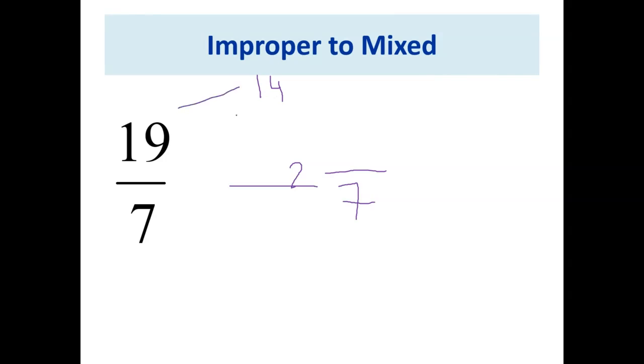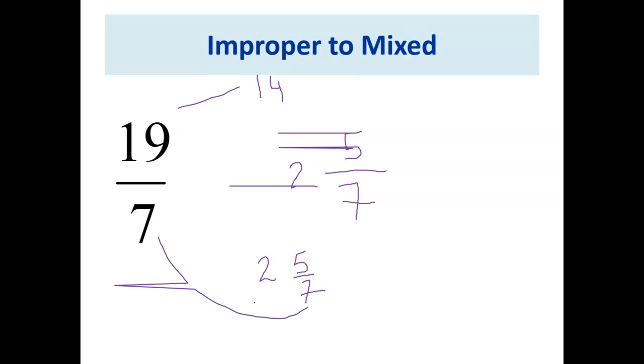So 19 minus 14, you subtract, and that's going to be your numerator. That will be 5. Sorry about that. It's 2 and 5/7. Okay, so what I did, first you bring down the 7 as is. 7 goes into 19 twice. That's 14. 19 minus 14 will give you 5.